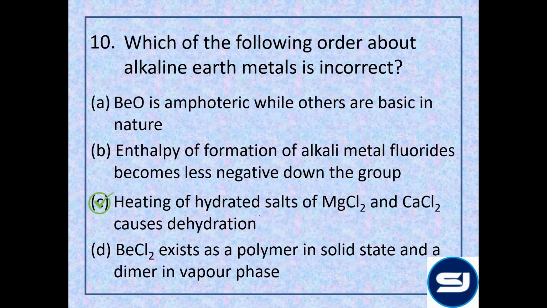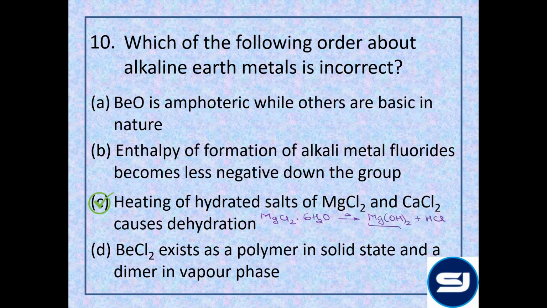अब इसमें रीजन क्या था, let's understand. If we talk about MgCl2 का hydrated salt, it is MgCl2.6H2O. अगर आप इसको हीट करते हो तो it actually undergoes hydrolysis, wherein magnesium forms the hydroxide and the chloride forms the acid.